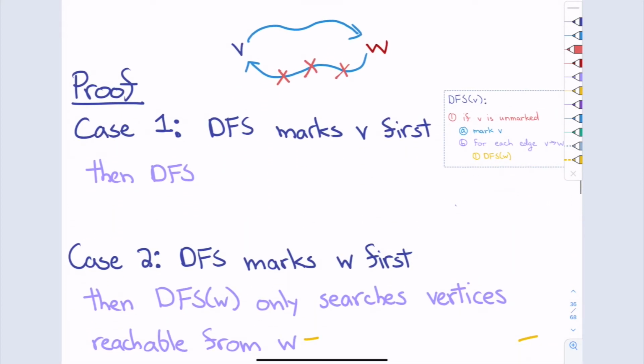I have two cases. One case is that DFS will mark V first. The other case is it marks W first. Again, V can reach W, W cannot reach V. I think there's not much to say here. Suppose I mark V, our depth first search is going to exhaustively search everyone that V can reach before it finishes DFS V. So there's nothing really to say.